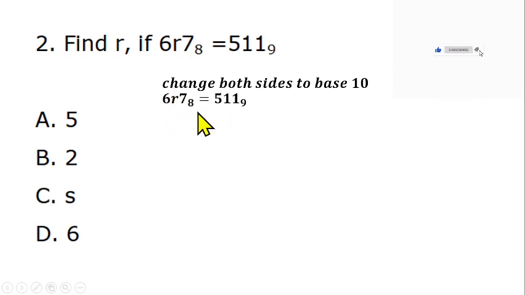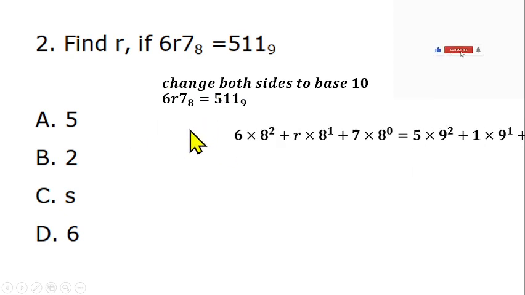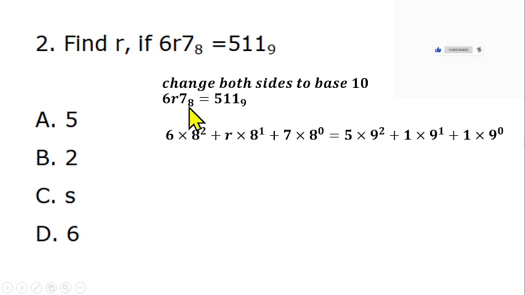You number the digits from power 0, 1, 2. So you have 6 times 8 raised to power 2, where 8 is the base, plus R times 8 raised to power 1, plus 7 times 8 raised to power 0, equals 5 times 9 raised to power 2, plus 1 times 9 raised to power 1, plus 1 times 9 raised to power 0.